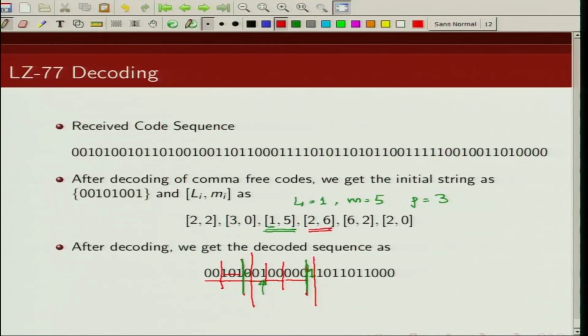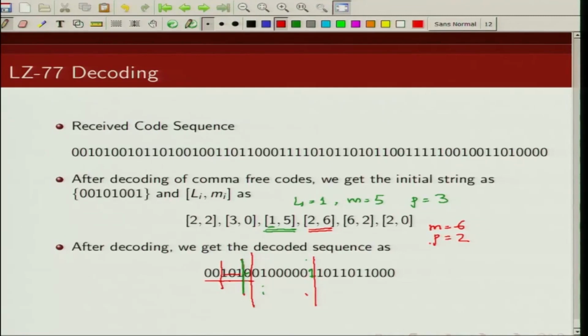Next, we look at this. Here M corresponds to 6, so that corresponds to P equal to 2. So look at this location 2. Let me clean up a little bit. Our dictionary was this: 0 1 0 0 0 0 0 1.